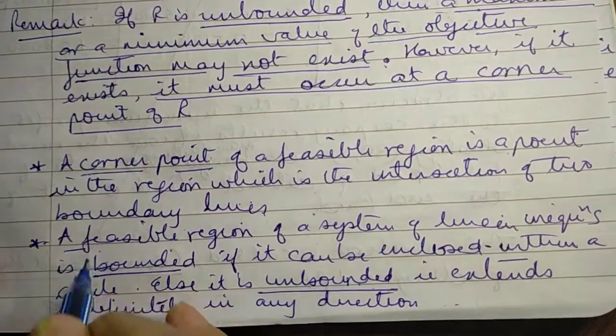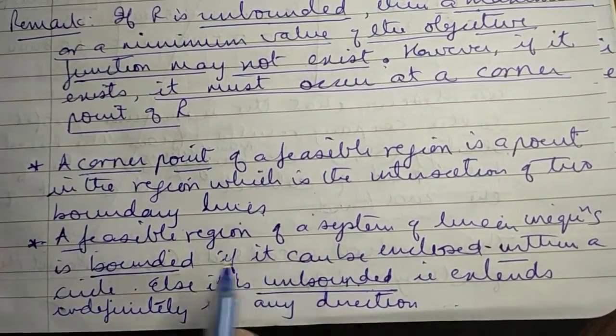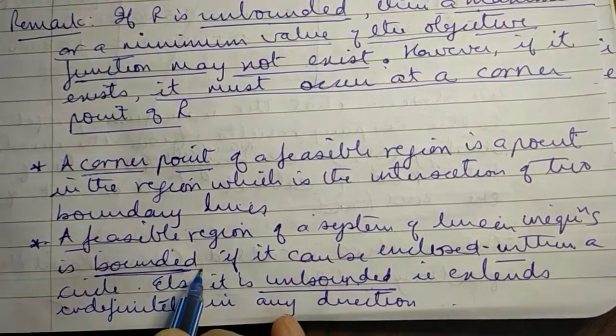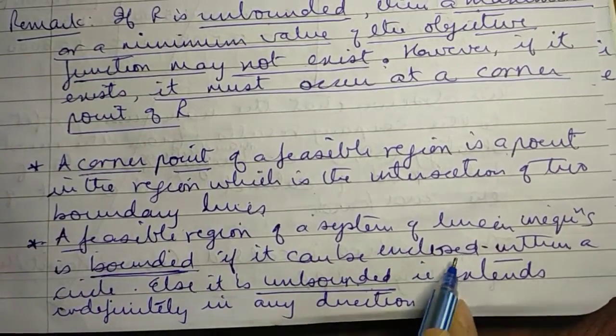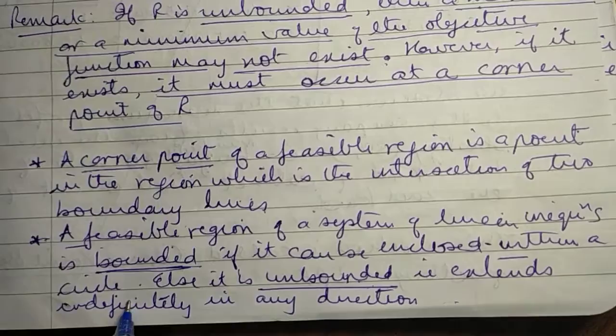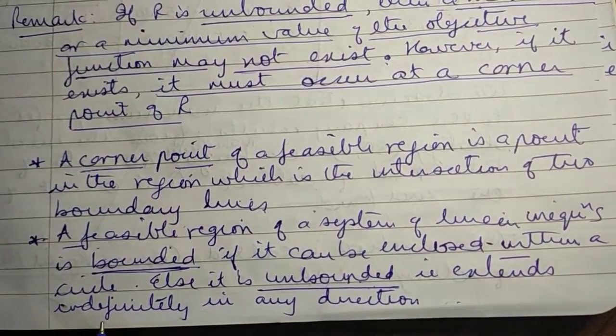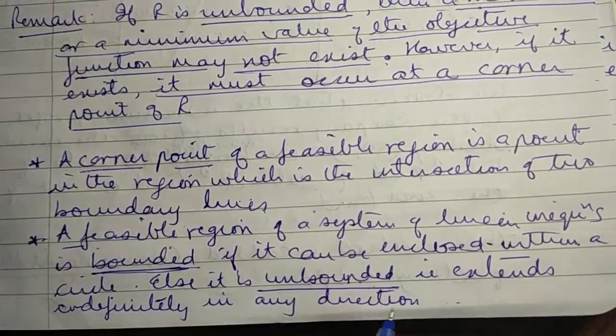Whereas a feasible region of a system of linear inequalities is said to be bounded if it can be enclosed within a circle, else it is unbounded. That is, it extends indefinitely in any direction.